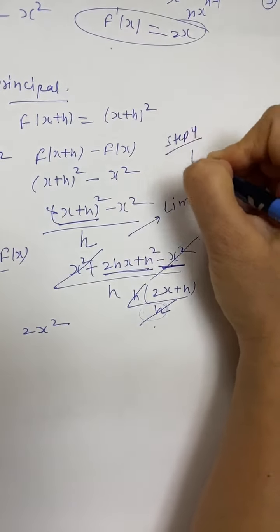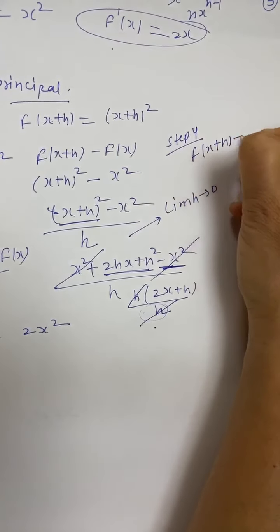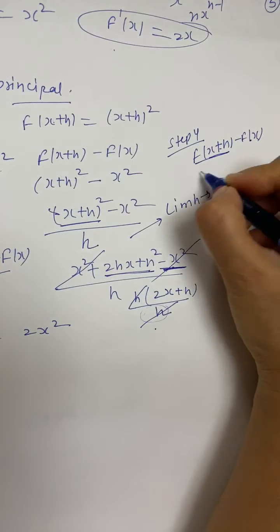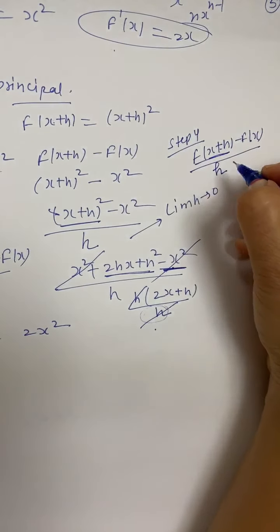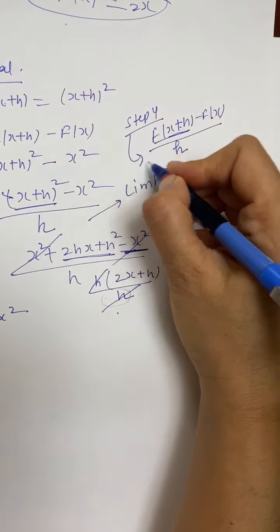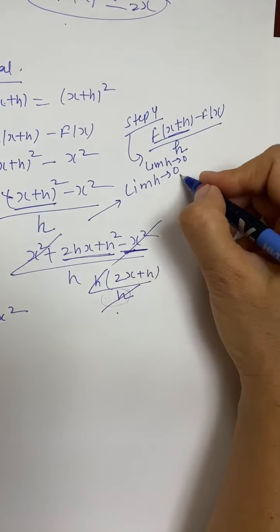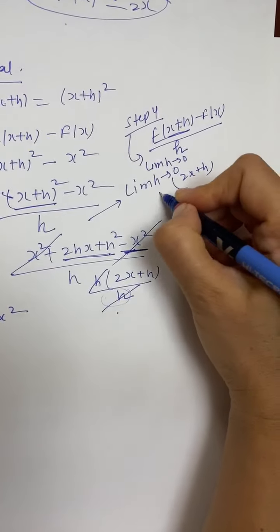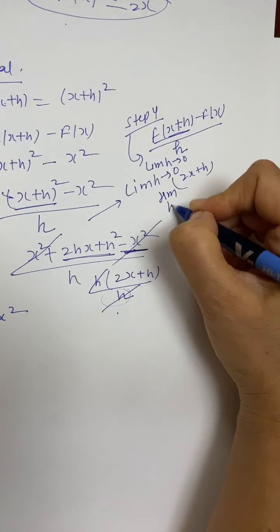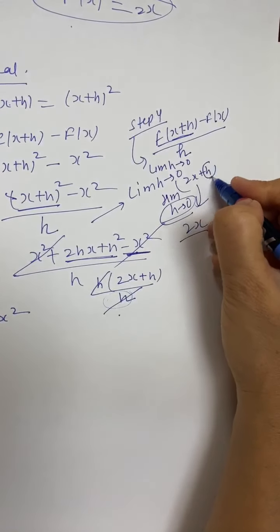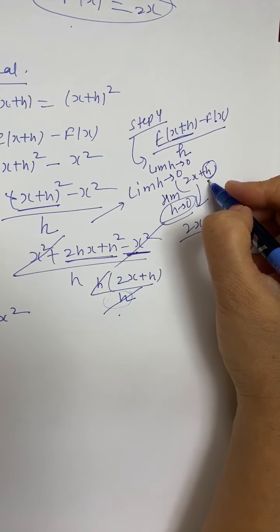Step number 1 was f of x plus h, then subtracting f of x was step number 2, dividing by h was step number 3, and then in step number 4 you say limit h approaches 0 after you simplify. I had 2x plus h, and when I took limit h approaches 0, I got 2x. H approaching 0 means this is going to be 0.000000 something, which is negligible.